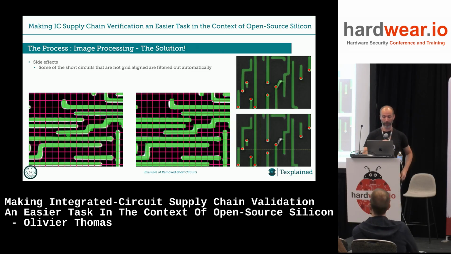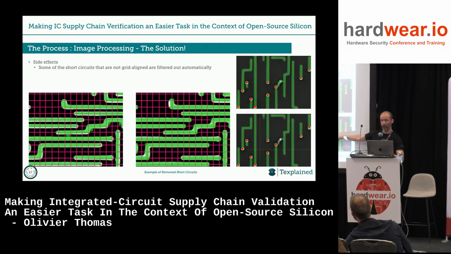And we had side effects that were not expected. So I don't know if it's visible on the picture with the grid so much, but on this one, I can show it. There was a defect on the picture. Okay? So it was detected as a track, but this track is not grid aligned. So basically, what the post-processing is doing now, it's removing the artifact by itself.